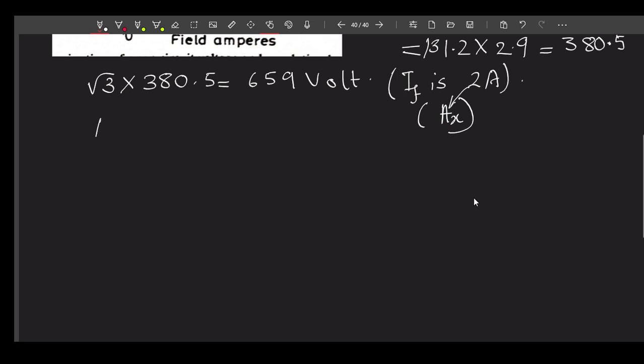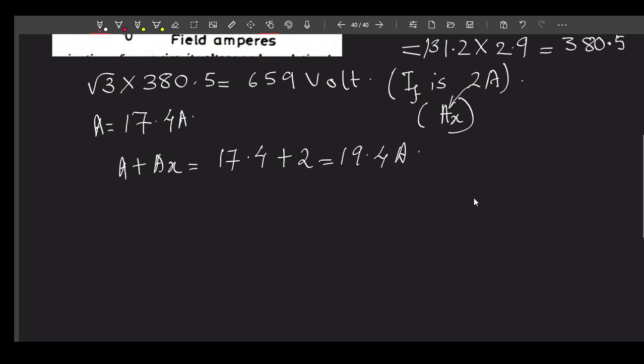But what about A? A is proportional to 17.4 ampere through your field winding. So A plus AX will be how much? 17.4 plus 2, that is 19.4 ampere. Correct?